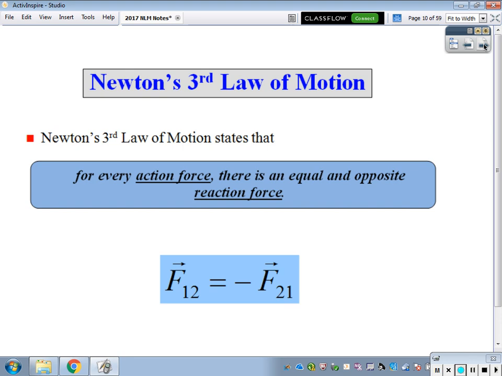Now, what do 1, 2 and 2, 1 mean? Here's how I do that. F12 is the force on object 1 as a result of object 2. F21 is the force on object 2 as a result of object 1. So earlier, when Ziad and I were having our push of war, it doesn't matter what we call 1 or 2, but the force on one force plate as a result of someone pushing on it is going to be equal to the force on the other force plate as a result of the other individual pushing on it.